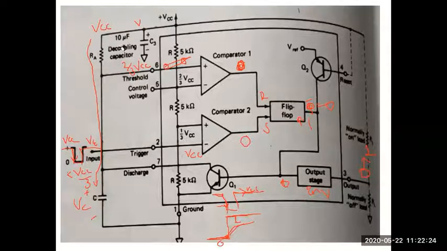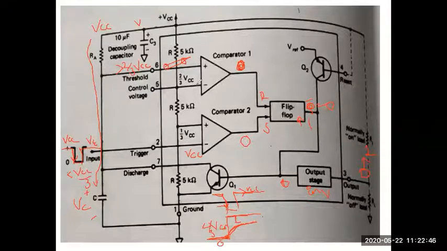So if I say the capacitor voltage here just exceeds 2 by 3 VCC, it has just crossed that level. So when it has just crossed 2 by 3 VCC, what happens?